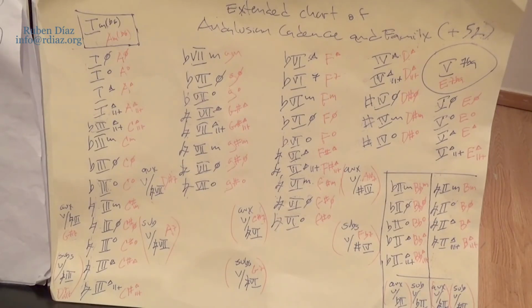In this case, this would be used more to get combinations like flat third minor 7 flat 5, then flat 6 minor, and then 5 7 flat 9.